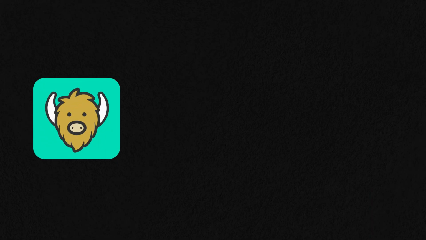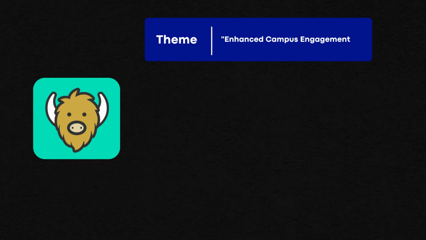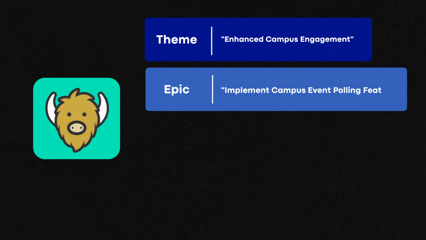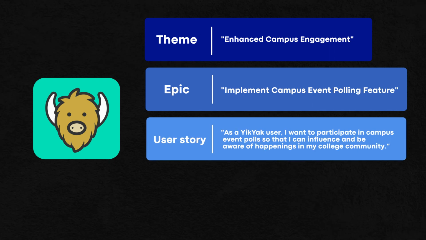For Yik Yak, which is an app you may have heard of on college campuses, there's a theme you could make for enhancing campus engagement. You could do a campus event polling feature and a user story. To get used to how user stories sound, as a Yik Yak user, I want to participate in campus event polls so that I can be aware of happenings in my college community.